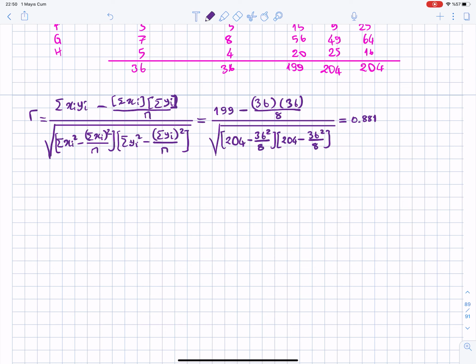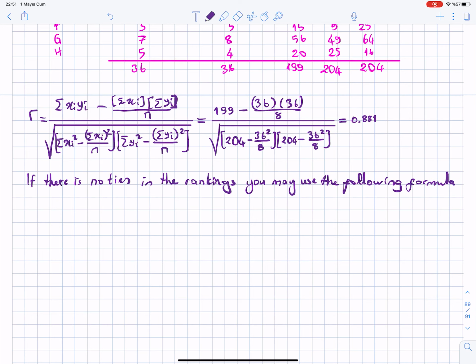If there are no ties in the rankings, you may use the following formula.